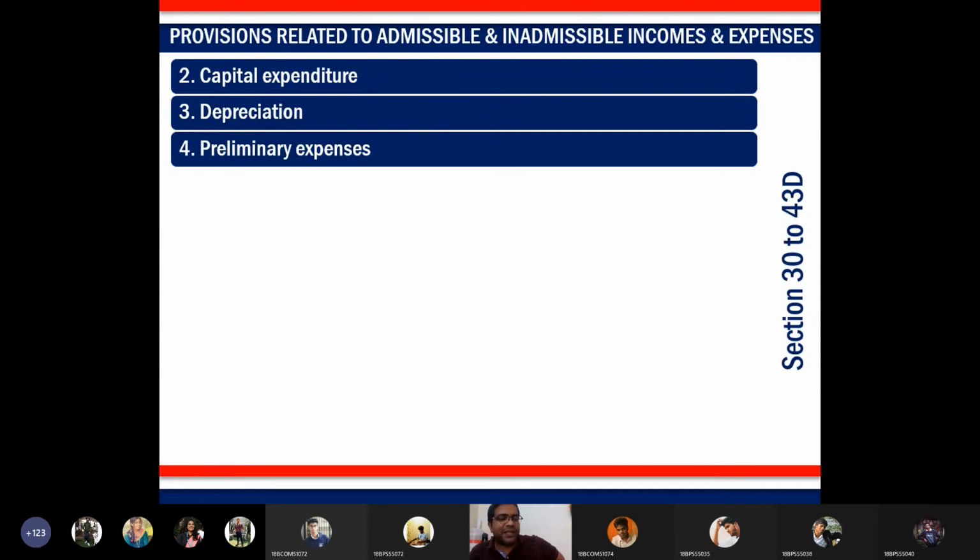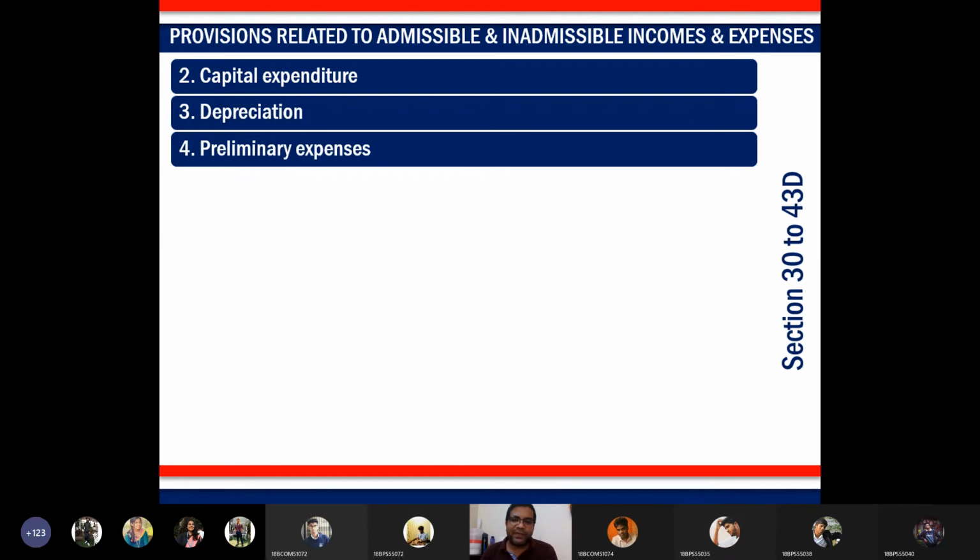For a company, what are the examples of preliminary expenses? For a company, all those expenses which are incurred by a company prior to its incorporation, prior to obtaining the certificate of incorporation, are called preliminary expenses. But for a sole proprietor, there is nothing called an incorporation certificate as such, right?